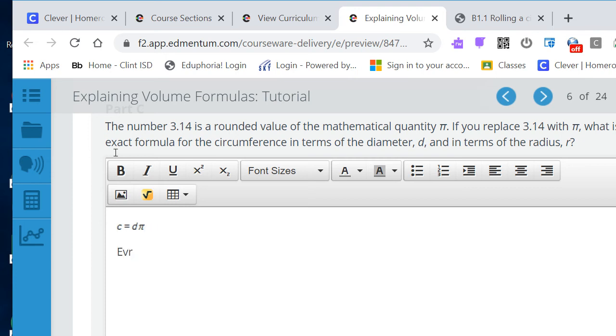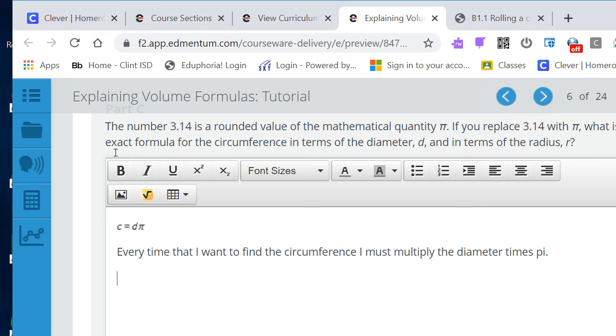So every time that I want to find the circumference, I must multiply the diameter times pi.